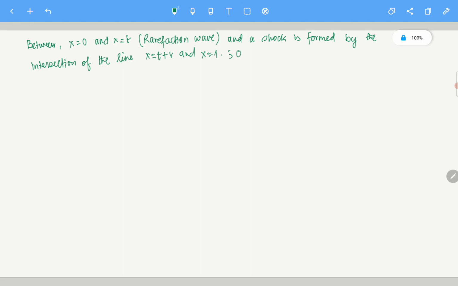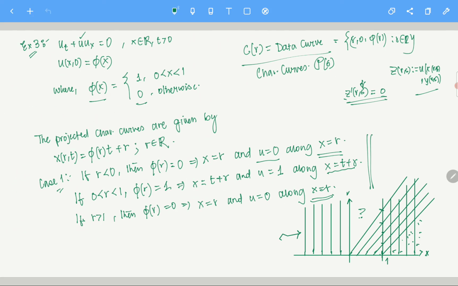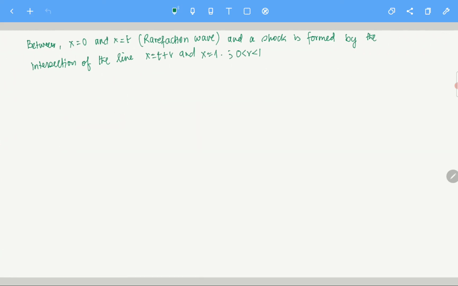This is for r between 0 and 1. Please remember, r between 0 and 1. So you see, the x equals 1 line was the problem, and after that everything is a problem. That's not the point, but x equals 1 only, it is the first place where they are intersecting. So the first shock is from that point. Those lines, not the point, and that line.